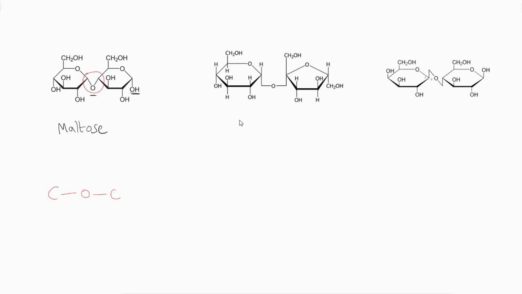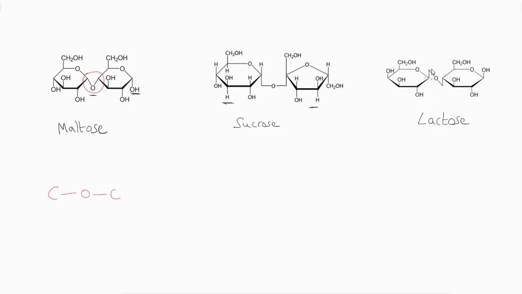The second molecule we've got here is sucrose. Sucrose contains alpha glucose, and it also contains beta fructose. Okay. The last molecule we've got is called lactose.